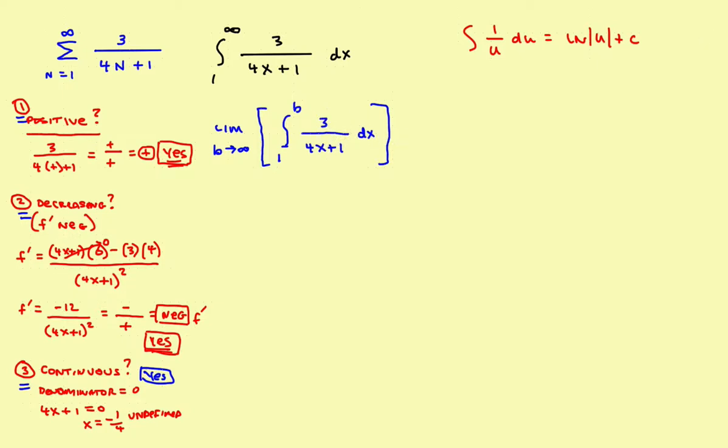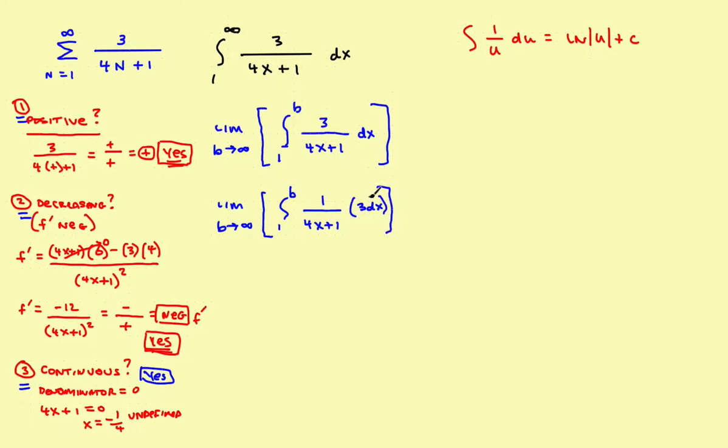So I'm going to go ahead and rewrite that. I'll make it be the limit as b goes to infinity, and I'll make it be the integral from 1 to b, and I like to write them like this on use substitution. This is 4x plus 1, and I'll move this over to the side and make it be 3 dx.